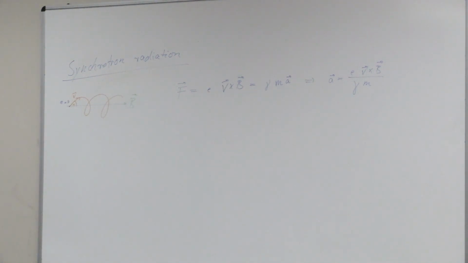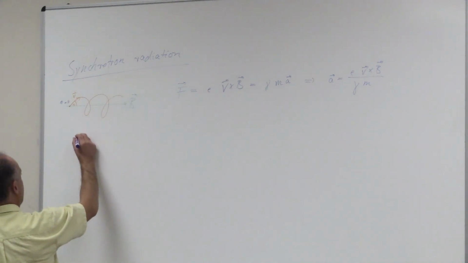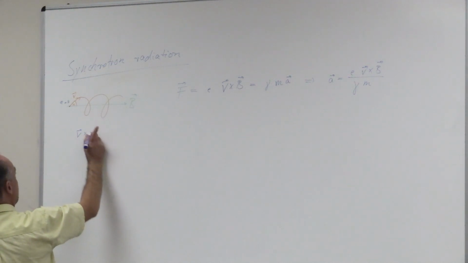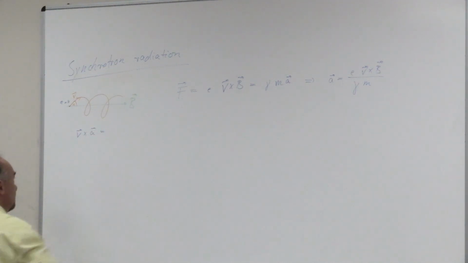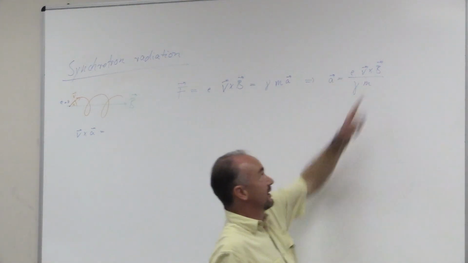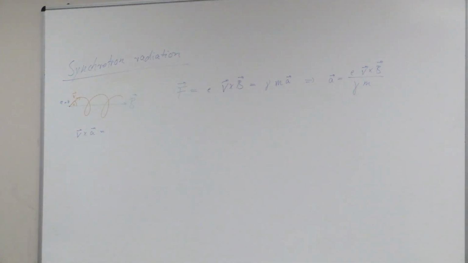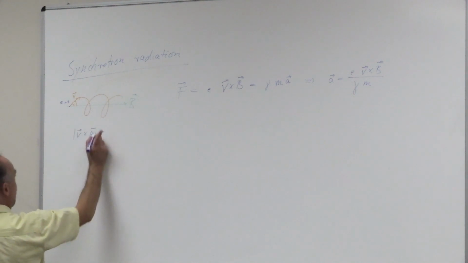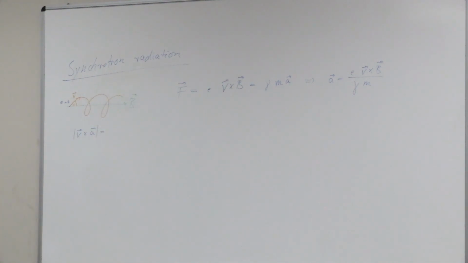Okay, so what else do we need? We need v cross a over c squared there. So we need v cross a, which equals, well, a is already perpendicular to v, so that's the absolute length. We're not interested in the direction for now because in the formula we only need the absolute value.